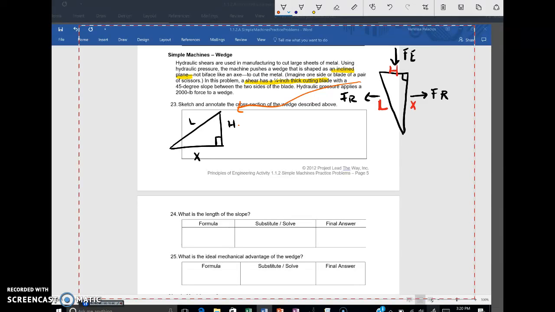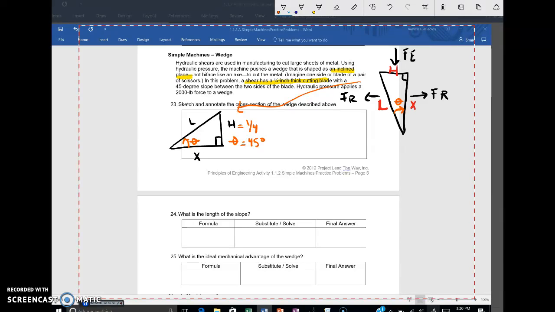Okay, so it tells us that our H is going to equal 1/4, all right? And then it tells us that there is a 45-degree slope here. So here's our slope, our angle, and we know that our angle is going to equal 45 degrees between the two sides of the blade. So on this diagram, it would be here.